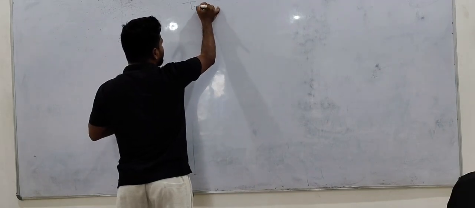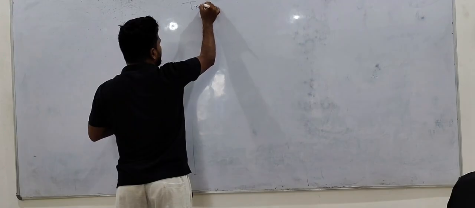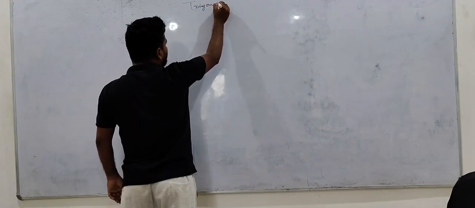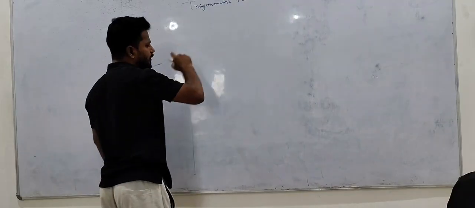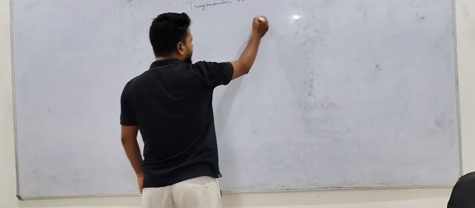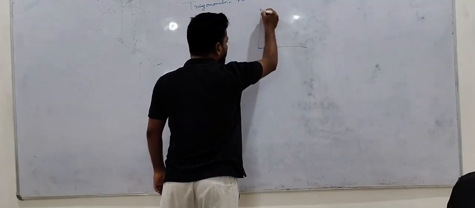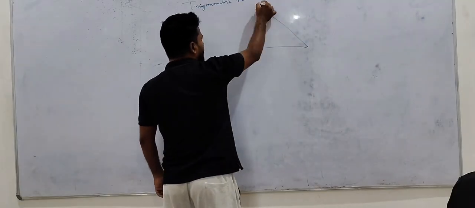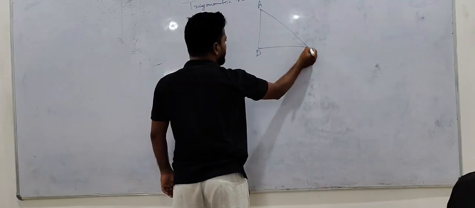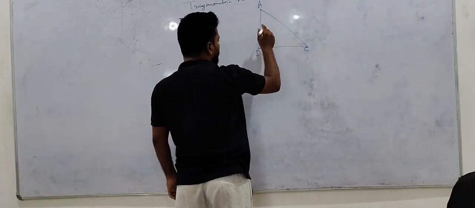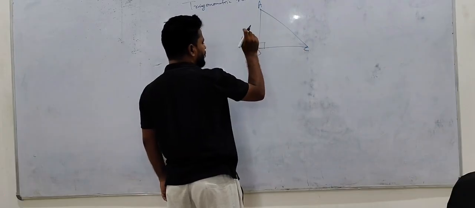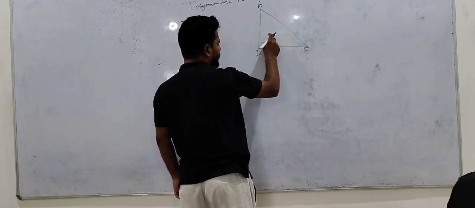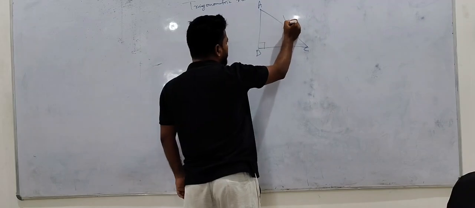Trigonometric ratio has come from right angle triangles. We will draw a right angle triangle, that is A, B, C. In this triangle, this is the perpendicular vertex, the vertex where we get 90 degrees, and this is the hypotenuse.